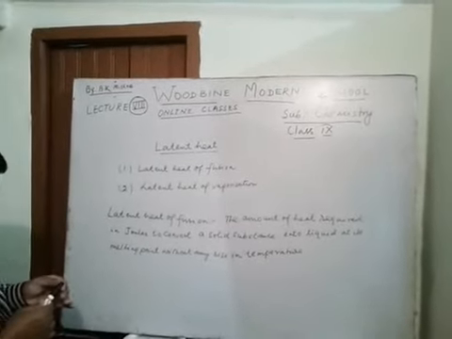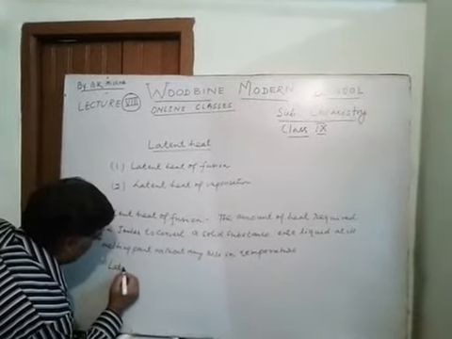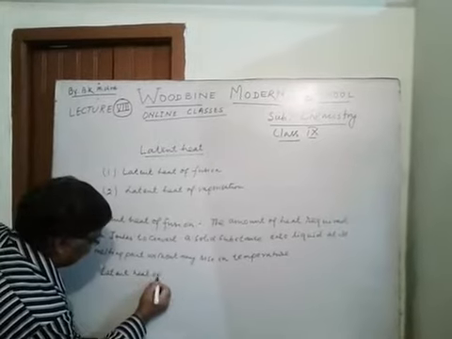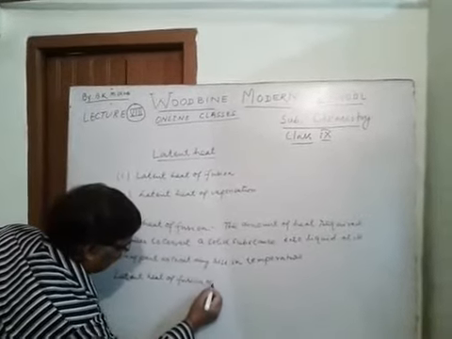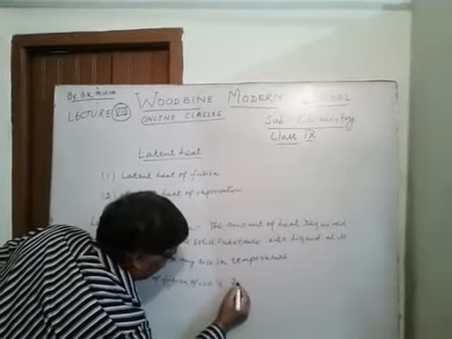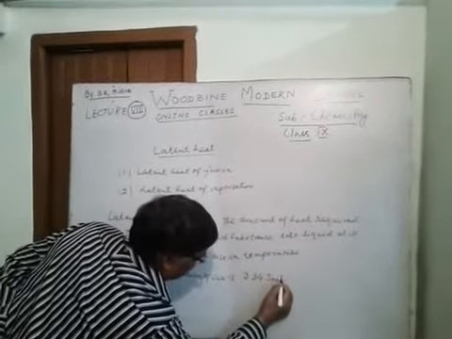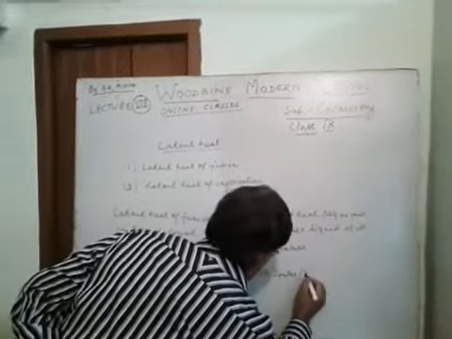The latent heat of fusion of ice is 3.34 joules per kg.